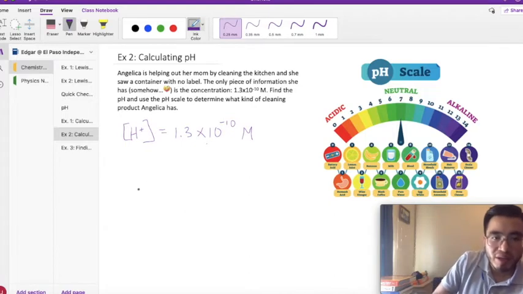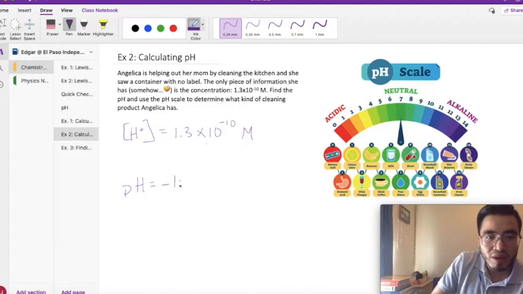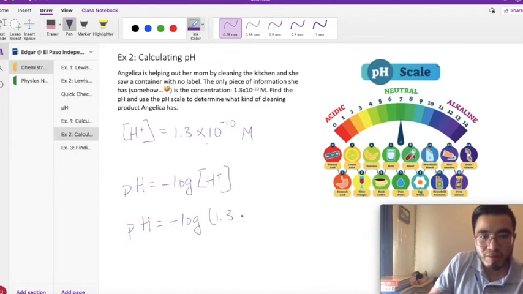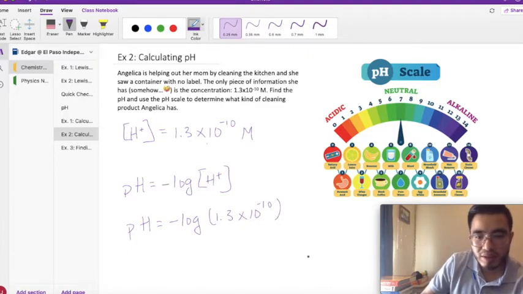And we use our pH equation. pH equals negative log hydrogen ion concentration. pH is equal to the negative log of 1.3 times 10 to the negative 10, close parentheses.